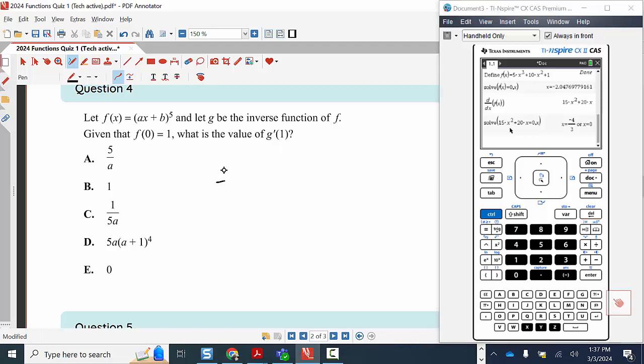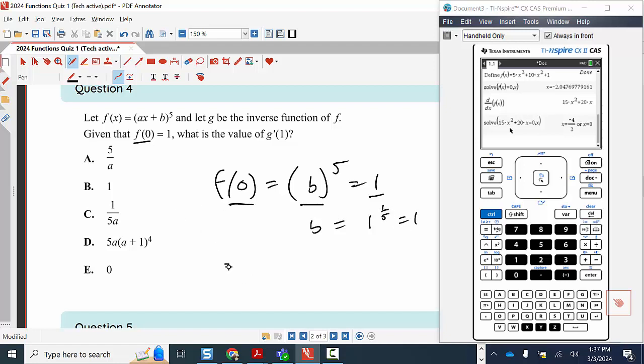So f of 0 equals b to the 5 equals 1. Okay, so b equals the 5th root of 1, which is just 1.